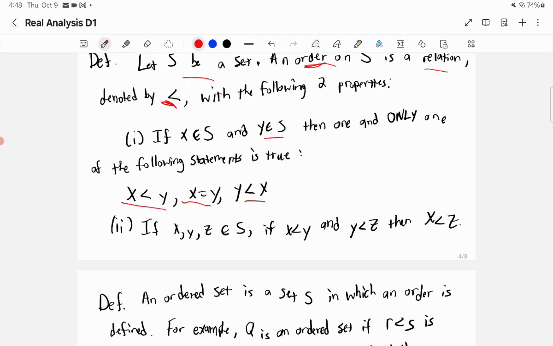If we choose a value for x and a value for y, it's not possible that x is less than y and equal to y at the same time, or that x is less than y and y is less than x. You can't have both of those be true at the same time. So only one of these three properties is true.